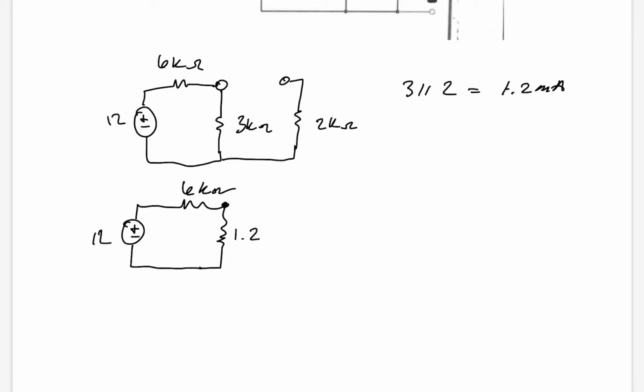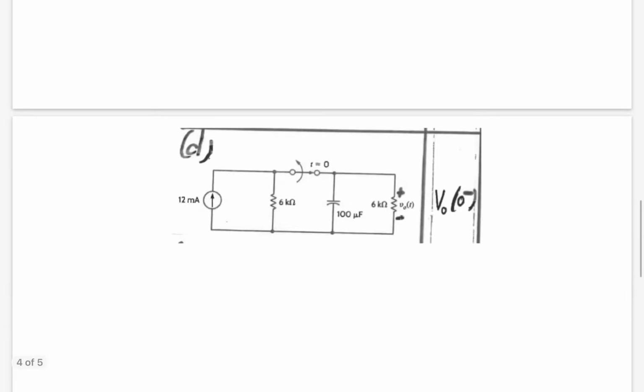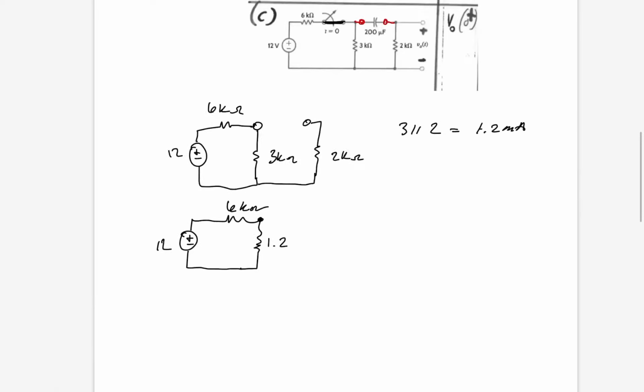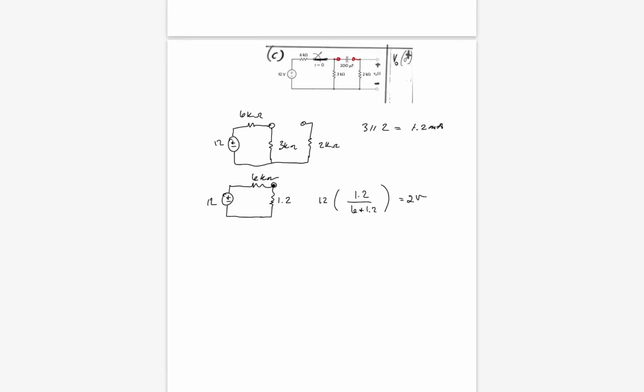We can do a voltage divider on here. So 12 over 1.2, 6 plus 1.2, 12 volts. Okey-doke.